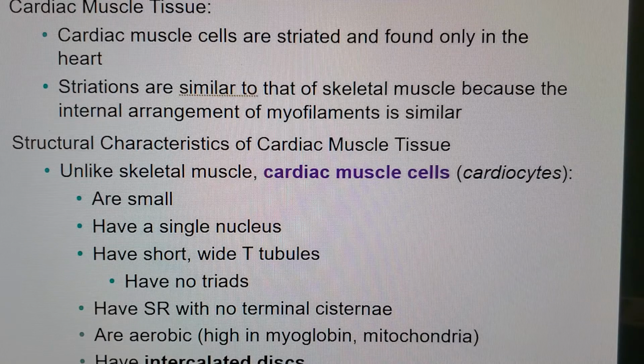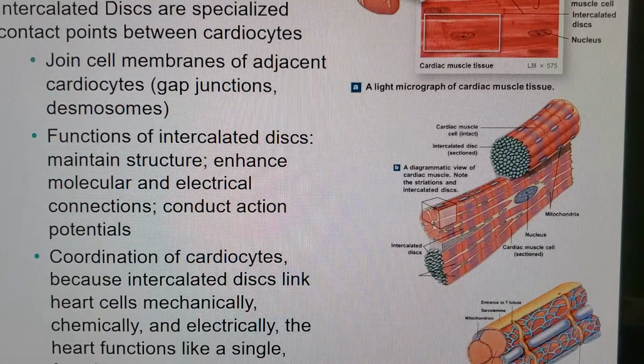Those intercalated discs, they're only found in heart muscle, only in cardiac muscle. They are specialized. They're contact points between the heart muscle cells. They join the cell membranes. They create the gap junction, or the desmosome, so to speak.